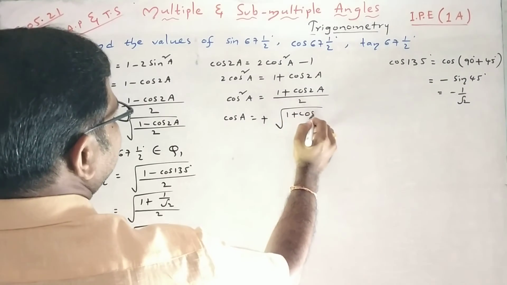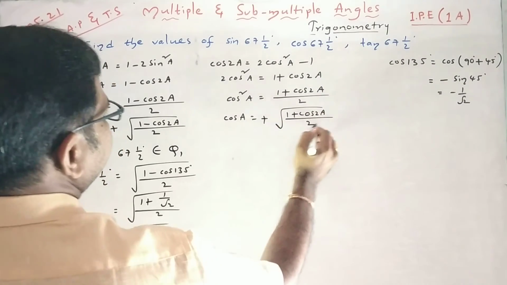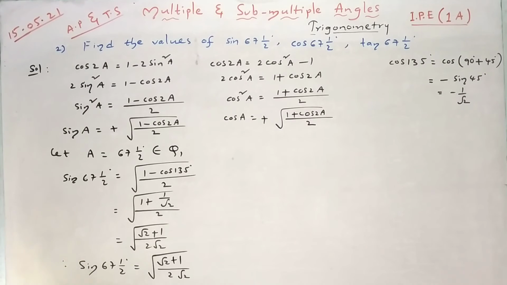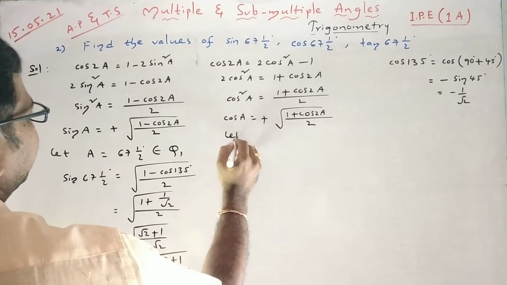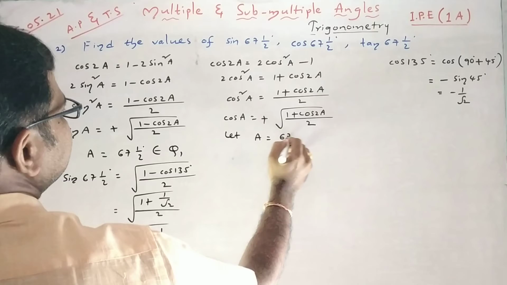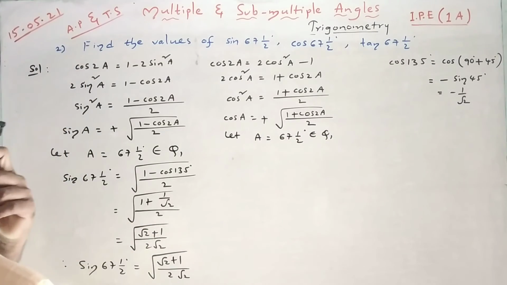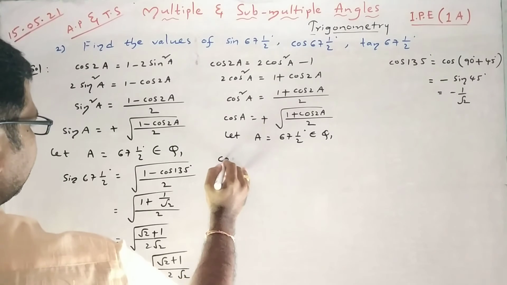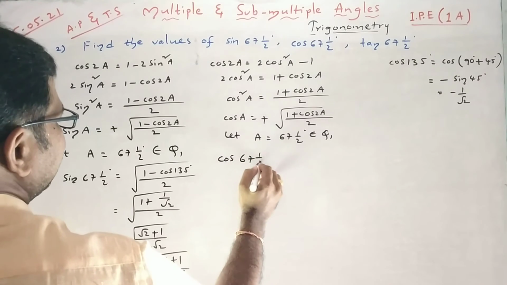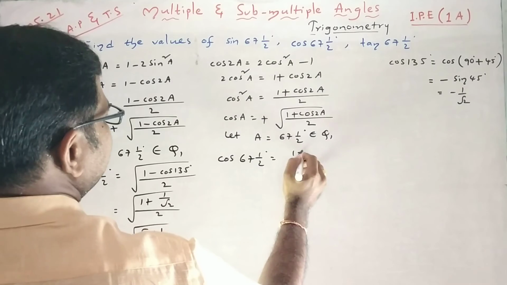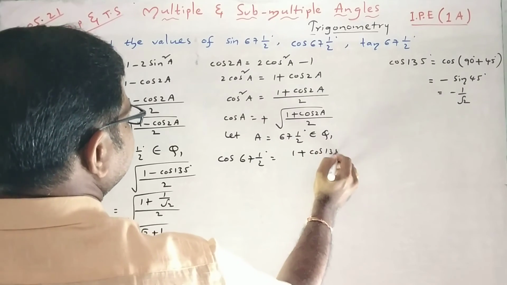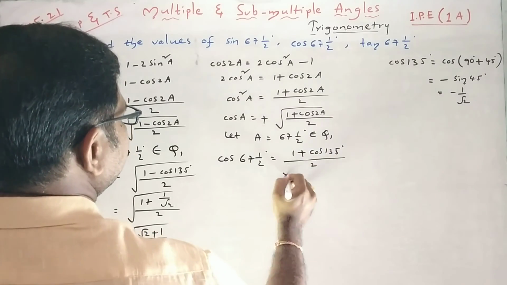Let A equal to 67 and a half. This also belongs to Q1. Now substitute. Cos 67 and a half equal to 1 plus cos 135 by 2.